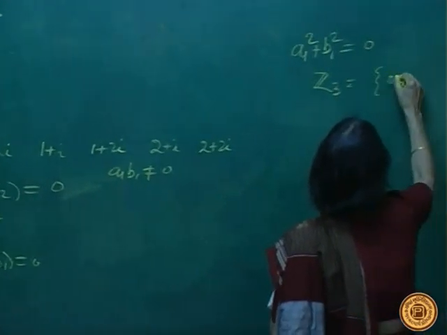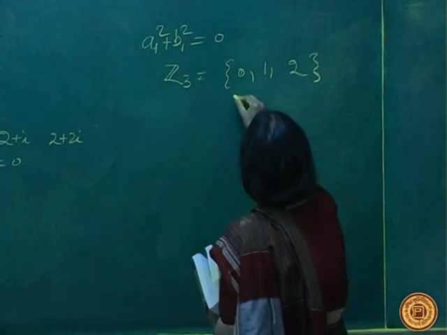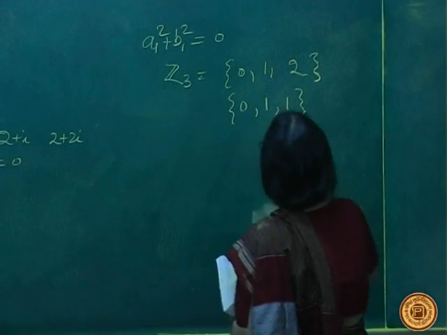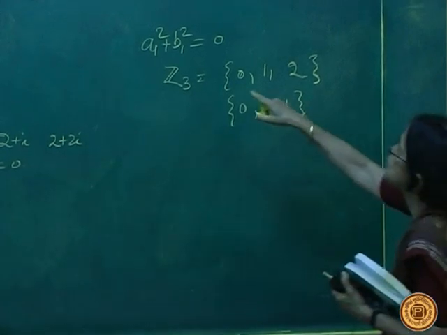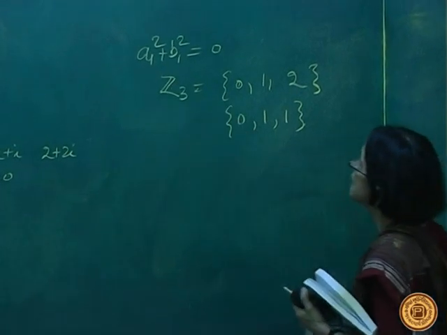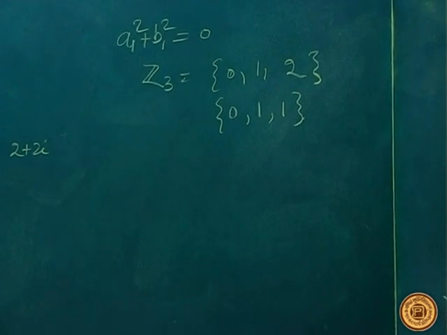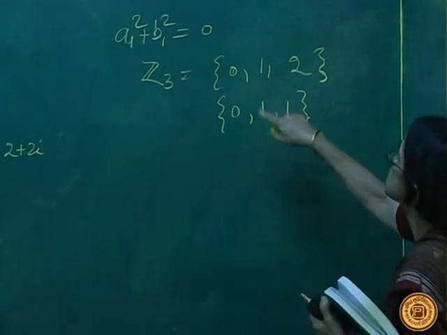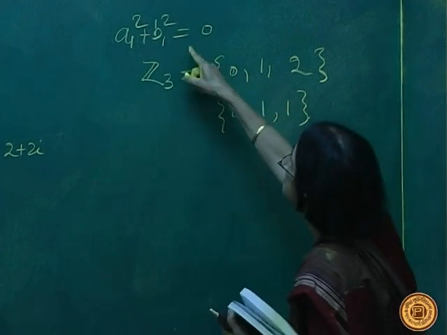Z3 is just 0, 1 and 2. That is simple enough. So what are the squares? Squares are 0, 1 and 1. So can I possibly have a solution for this where a1 and b1 are not 0? No, I can't. Because each non-zero square is 1 and the addition will simply not be 0.